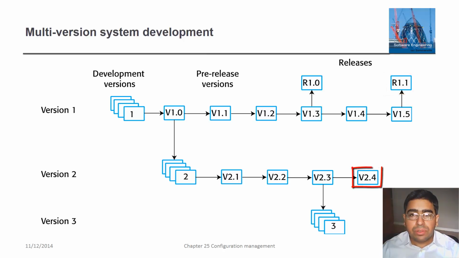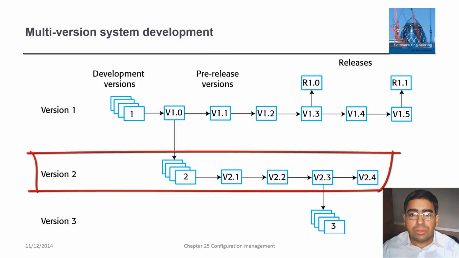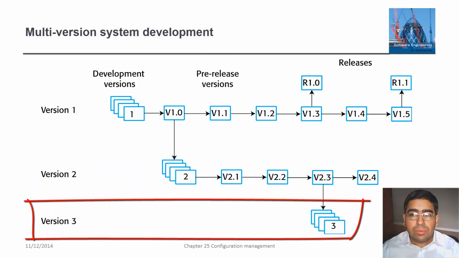Version 2.4 is under testing with the aim of becoming Release 2.0 of the same system. No new features are being added at this point. Version 3 is a development system where new features are being added based on requests by customers and development teams and will eventually be released as Release 3.0.